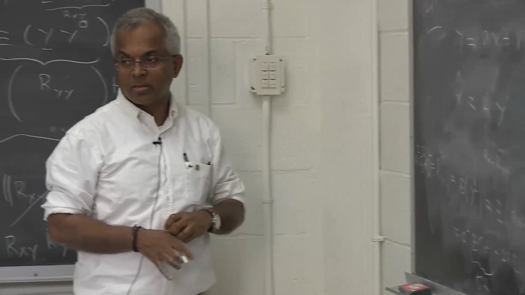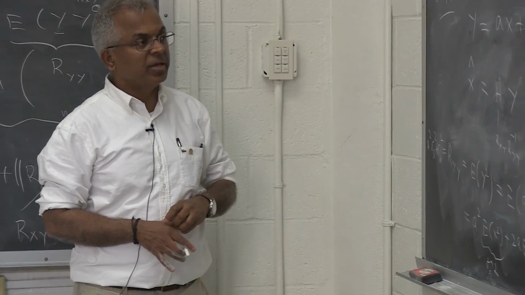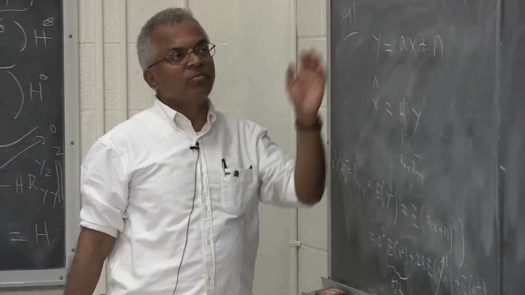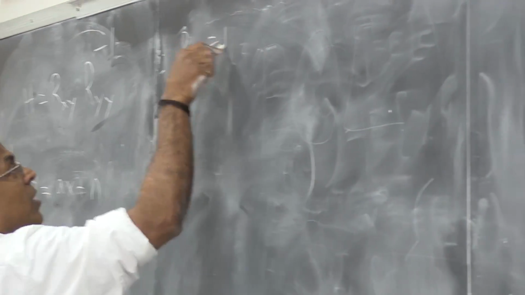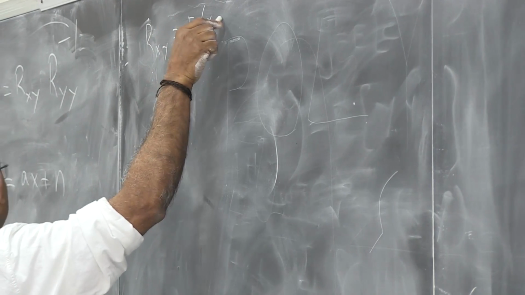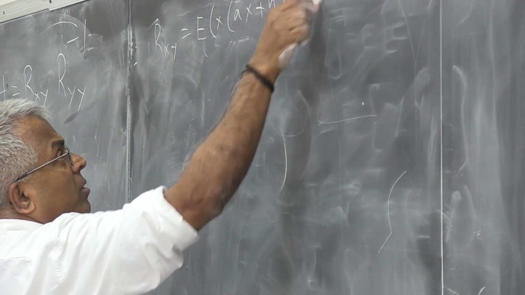Okay. What is Rxy? Anybody? Look at here. You can do it directly. What is Rxy? Rxy is expected value of x multiplied by y, which is x times (ax plus n).